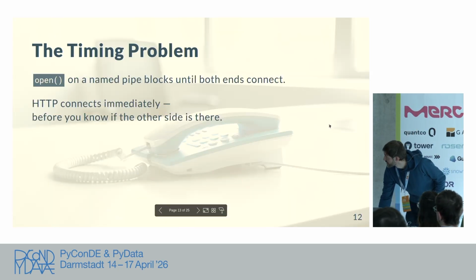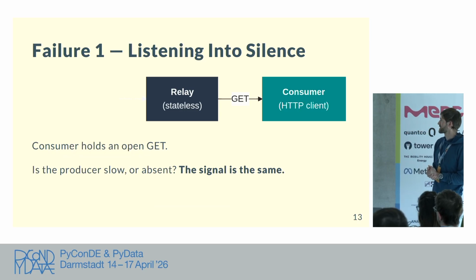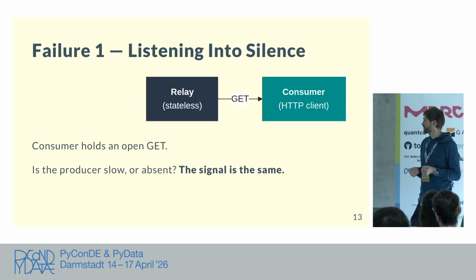The first failure is that we are just listening, we are trying to download, but the relay doesn't have any data because there's no producer. We can't tell whether we are actually waiting because the producer is just slow, maybe it's a process that sends an event every hour, or if there's really no such producer.